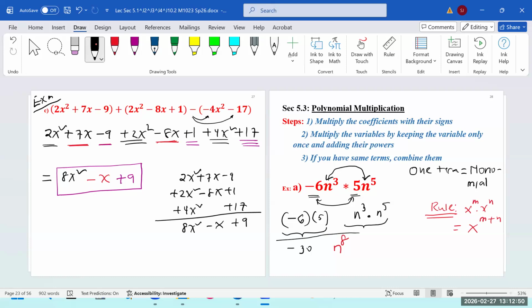So for addition and subtraction, we add or subtract the coefficients only. We do not multiply the powers, or we do not add the powers. But in multiplication, we have to add the powers and you have to multiply the coefficients.